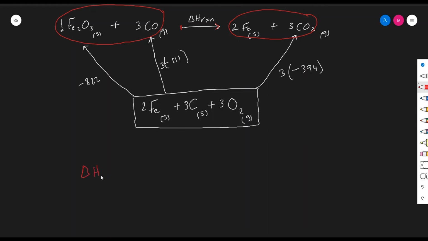Therefore, the delta H of reaction would equal 3 multiplied by negative 394, since the sign of this enthalpy change will remain the same, and I will subtract negative 822, which would become a positive 822, and I would subtract 3 multiplied by negative 111, which would also become a positive value. Sorry, this has already been multiplied, thus this would be 111.